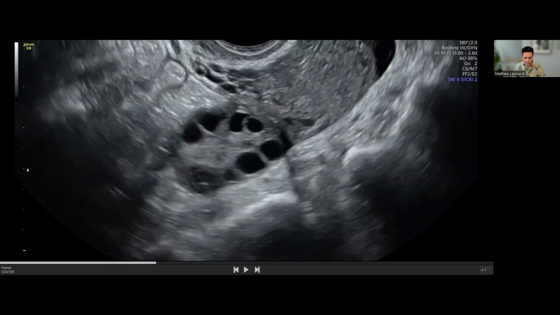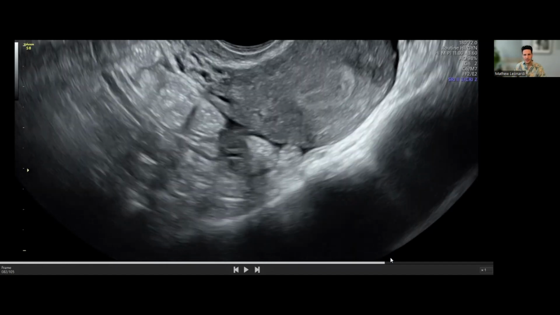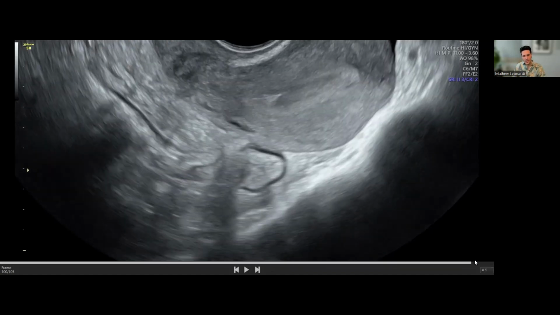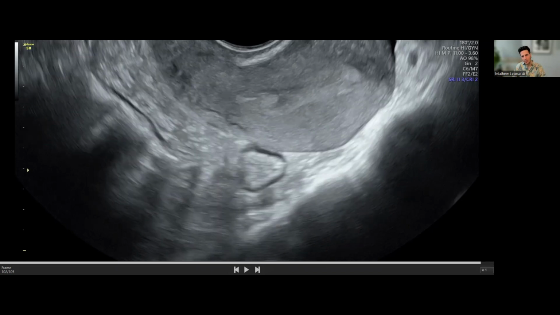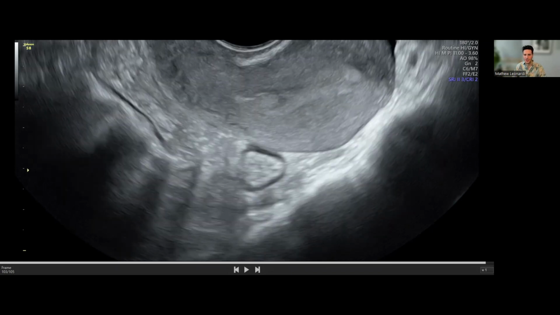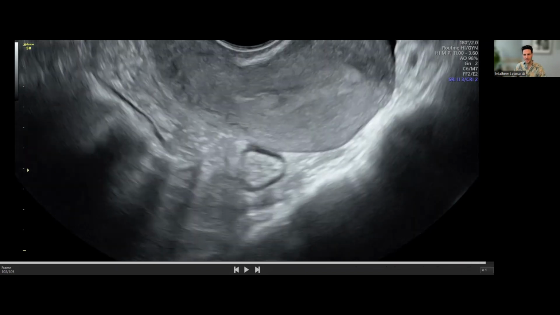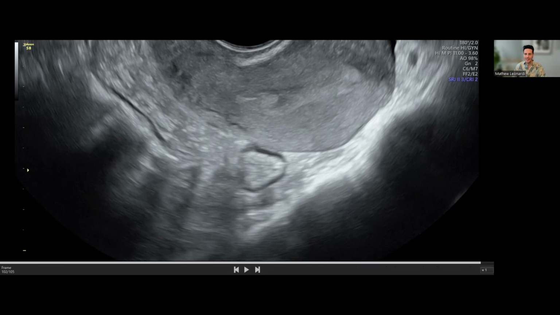And let's just pause this for a second, because out in the periphery, I also got another little nice glimpse of that polyp right there in this area here. And sometimes it's interesting because you see something better when you're actually not trying to capture it. In this case, I'm focusing on the ovary, and that polyp is showing a bit more difference in the echogenicity to the surrounding area.